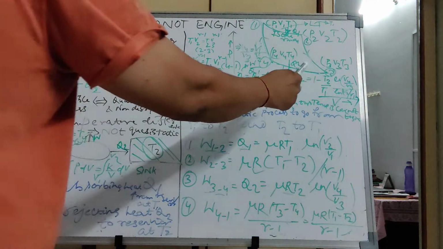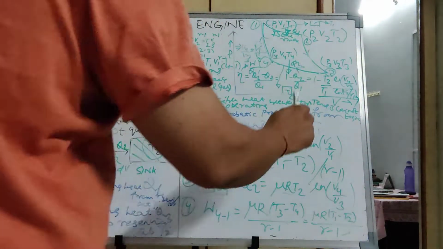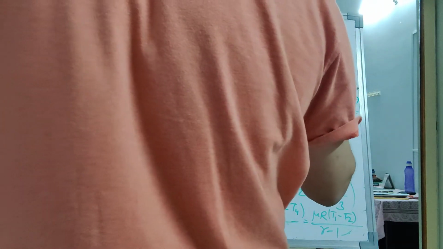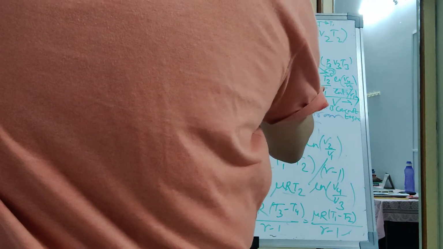So if that is the case, V4 is less, similarly V1 is less, so it will be V1 by V2, whichever is lesser.